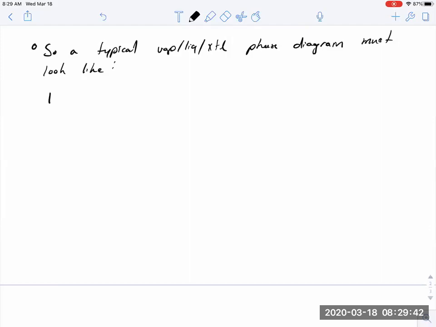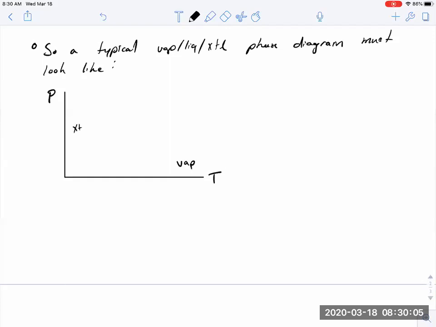So in the pressure, temperature plane, let's work through this. So where are we likely to find the vapor? Well, it's at high temperature. Where are we likely to find the crystal? Well, it's at low temperature. And the liquid then is somewhere in between.